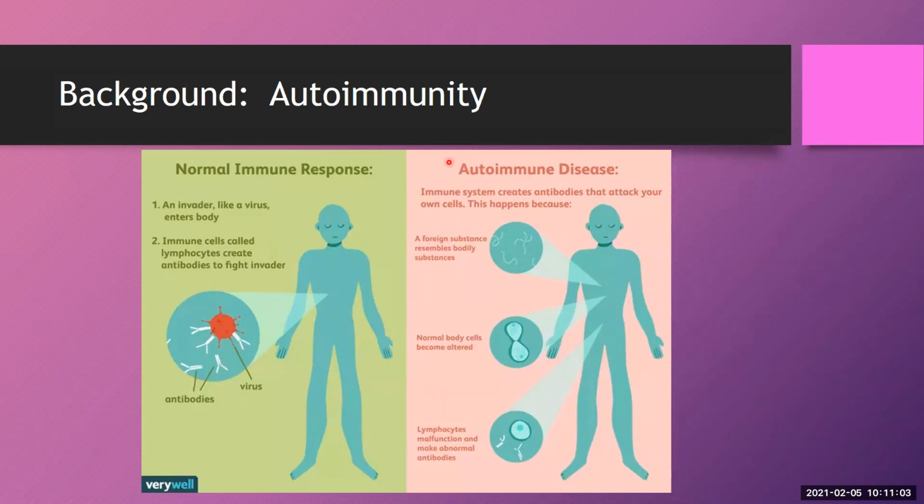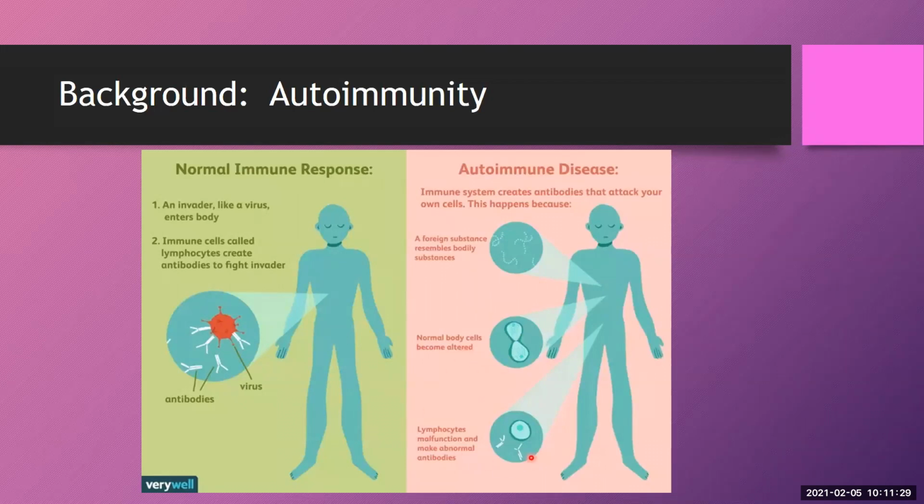In autoimmunity, unfortunately, our own immune systems create antibodies that attach to our own tissues. And this happens for a few reasons. Number one, a foreign substance closely resembles our own tissues and we form antibodies against it. Or, and this is kind of central for IgA, our normal body cells become altered in some way, and then we form antibodies against those.